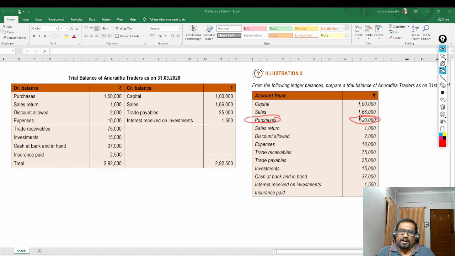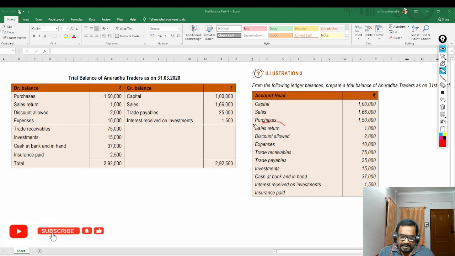All expenses and losses are supposed to be debited. So since purchase is an expenditure, in your trial balance also you have to show it on the debit side. See here, debit side. Clear? Very simple way to prepare the trial balance.